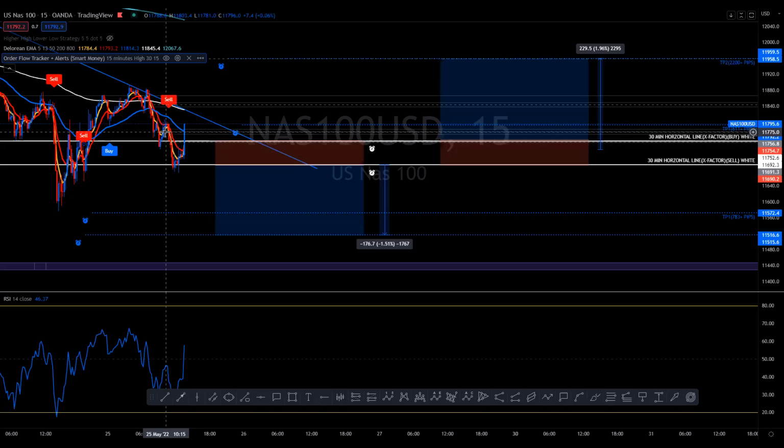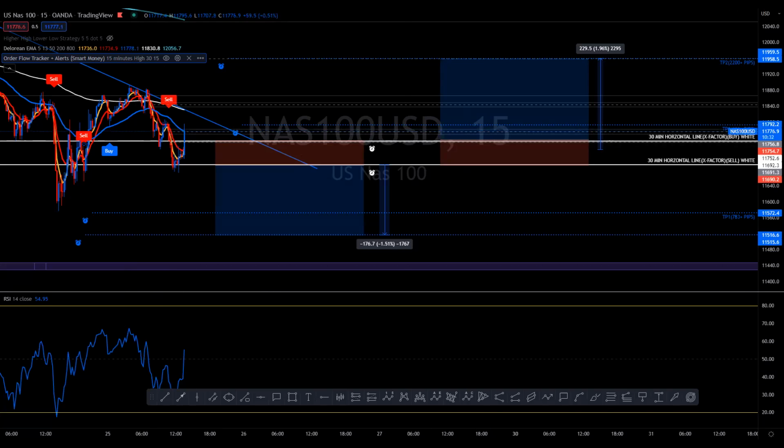Hold on for a minute. Let me trail my stop loss. It looks like I'm buying up, so let me trail the stop loss first. $46. Okay. 11768.8.